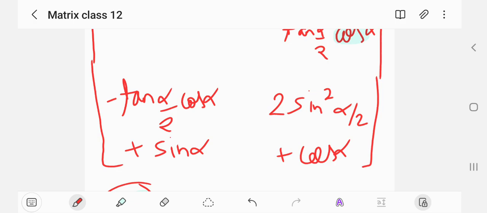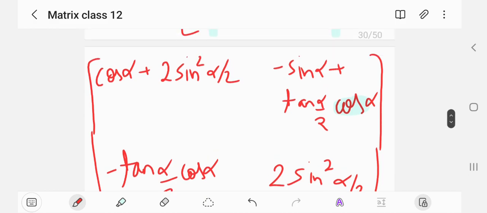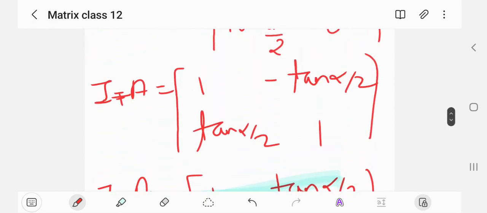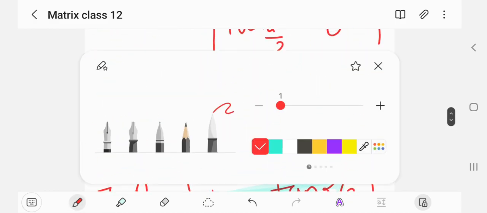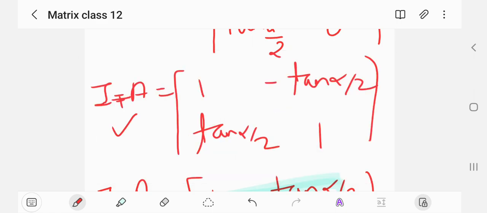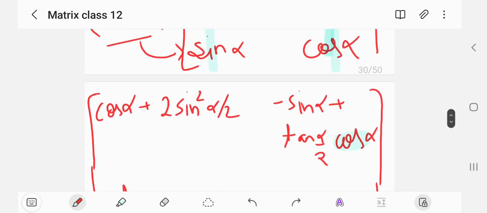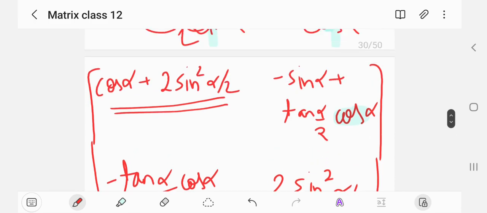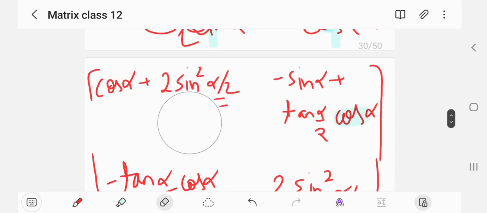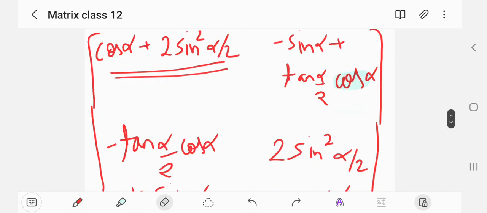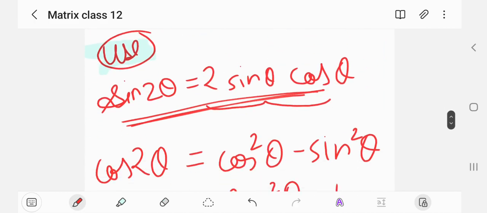Let's try to get a hint from the left hand side. What is my left hand side? My left hand side is this one, I plus e. I have to get 1 here. That means here I should get 1. When it is 1, we need to examine that if I use the formula of cos here, which formula?